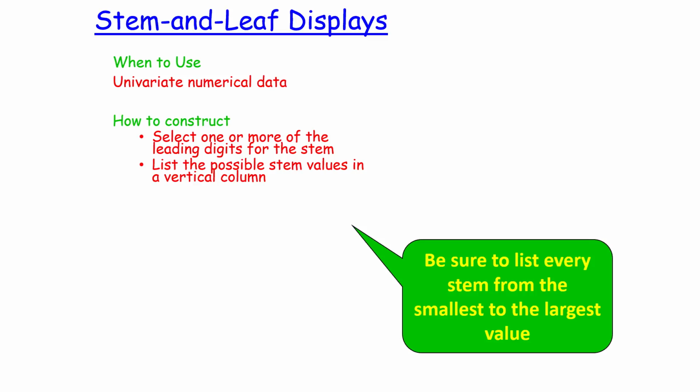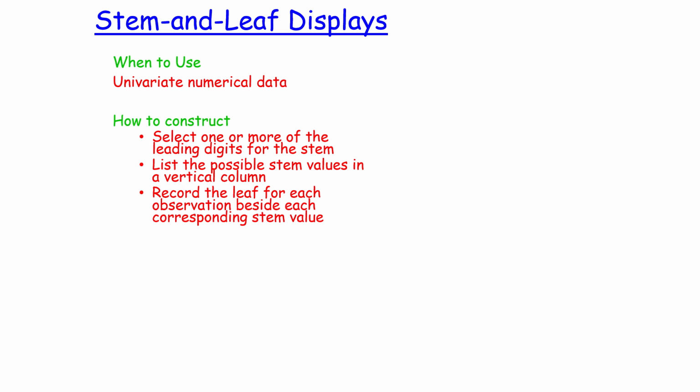You want to be sure to list every stem from the smallest to the largest value. Then you're going to record the leaf for each observation beside each corresponding stem value. You're going to indicate the units for stems and leaves in a key or a legend.